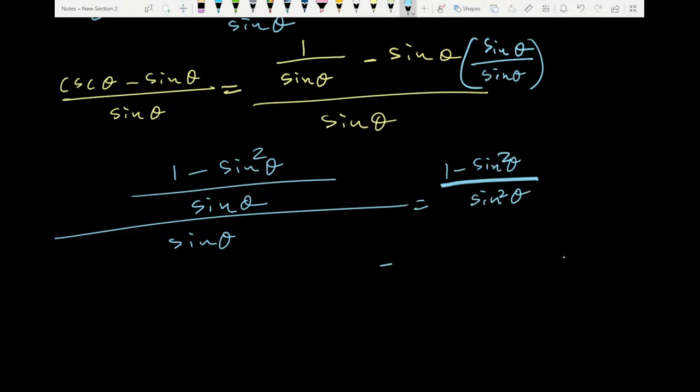And 1 minus sine square of theta is what? Cosine square of theta, which is just cotangent square of theta. That was a hard one.